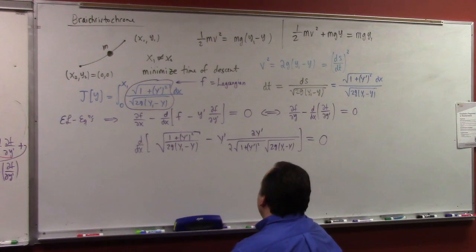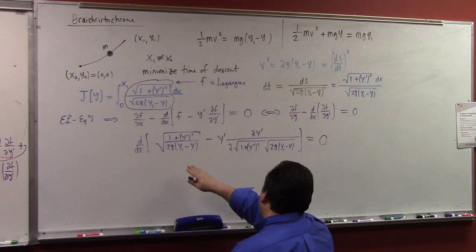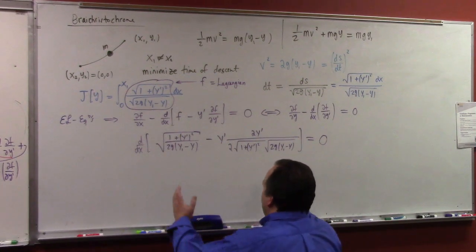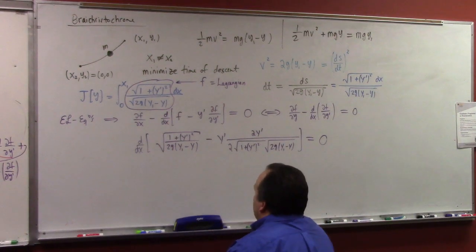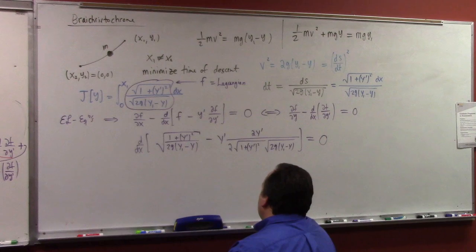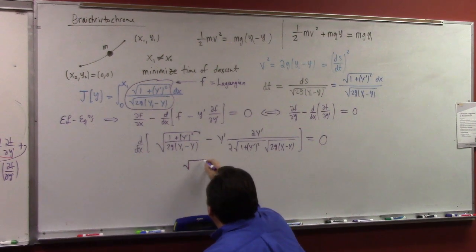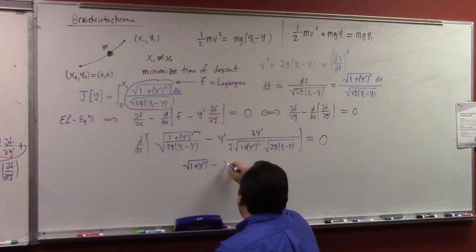Then what? If the derivative of all this mess is equal to 0, that means that this is a constant. Which means that you can write the square root of 1 plus y prime squared minus y prime quantity squared.